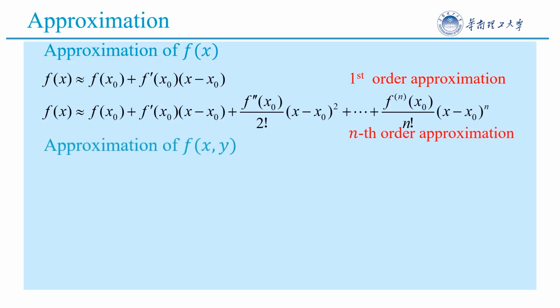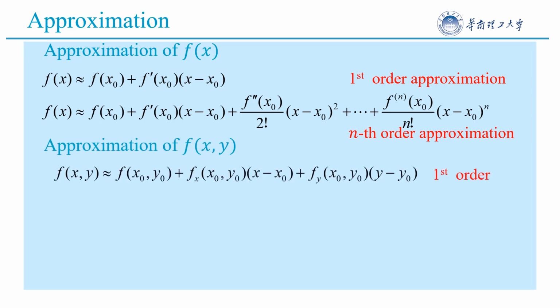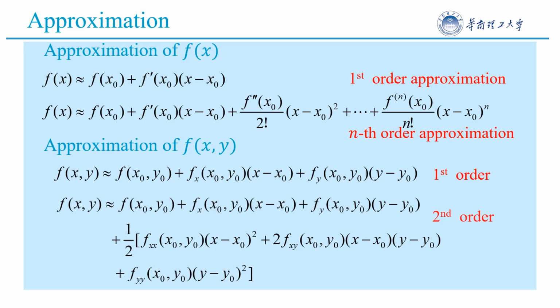Similarly, for bivariate function f(x, y), we have the following first order approximation and the second order approximation. Moreover, this extends both to the nth order case and to functions of more than two variables.